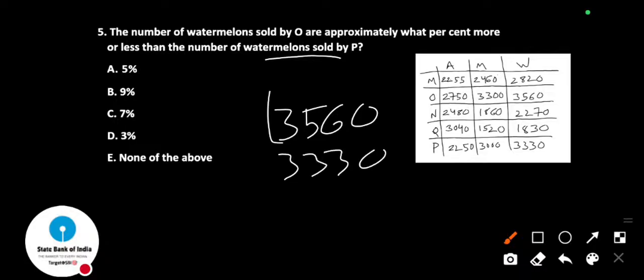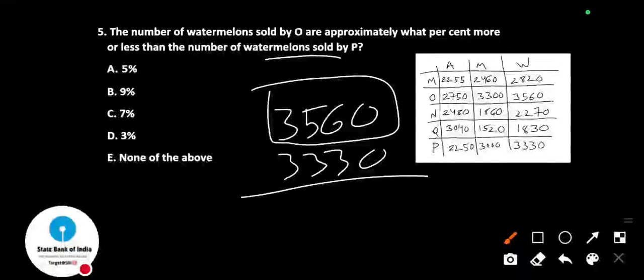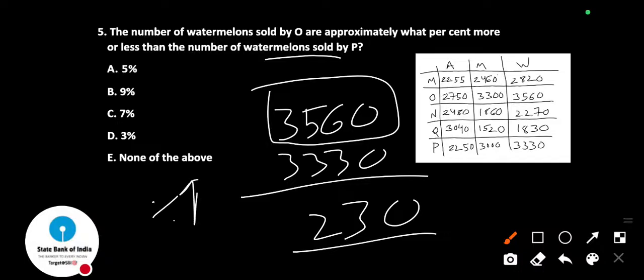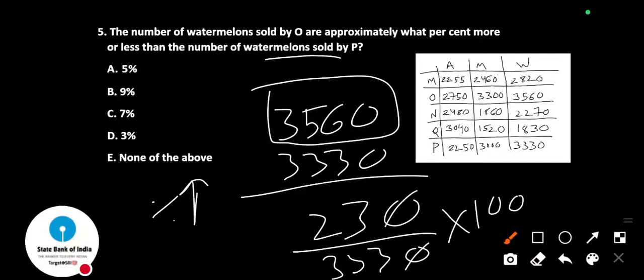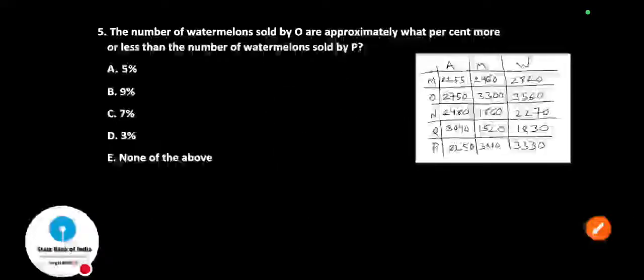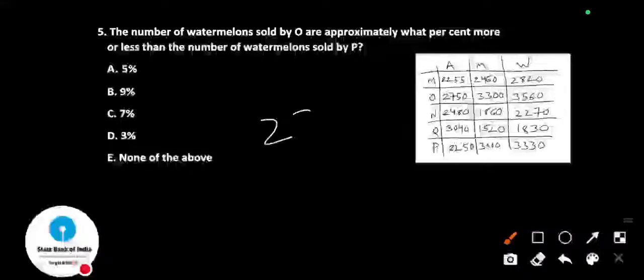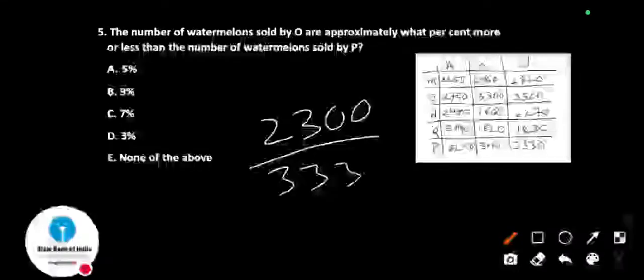It is more. How much more is 230 more? Asking about a percentage more, so we take the lesser value, which will be 3330, into 100. The zeros cancel. We have 2300 divided by 333.